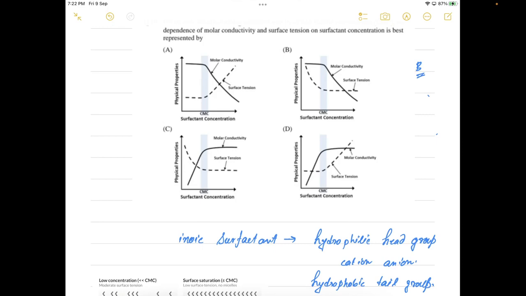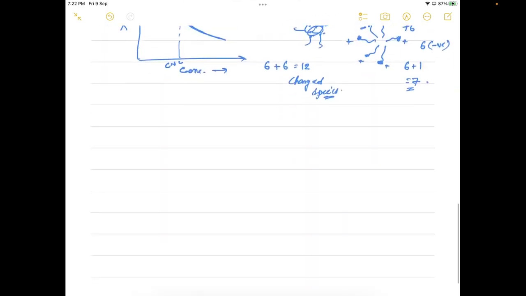Now let's deal with the surface tension. What will happen in the surface tension? Surface tension is a property where the liquid molecules on the surface tend to shrink to a shape of minimum surface area.